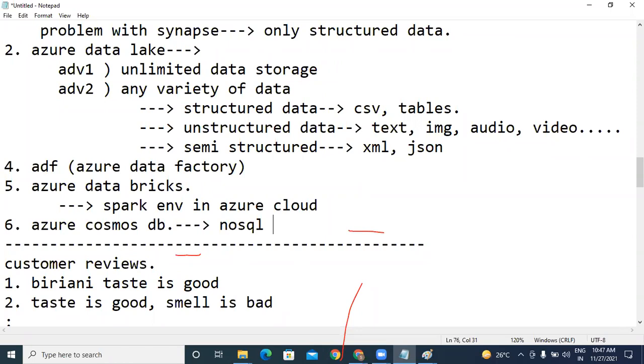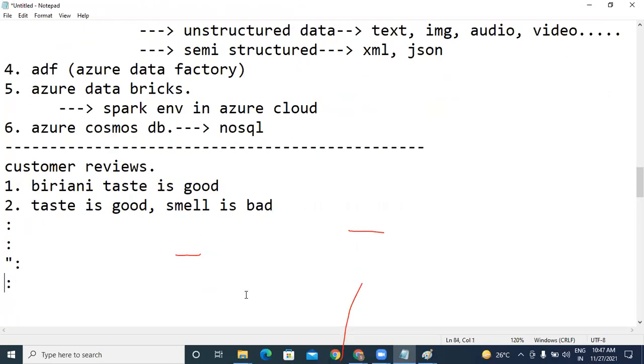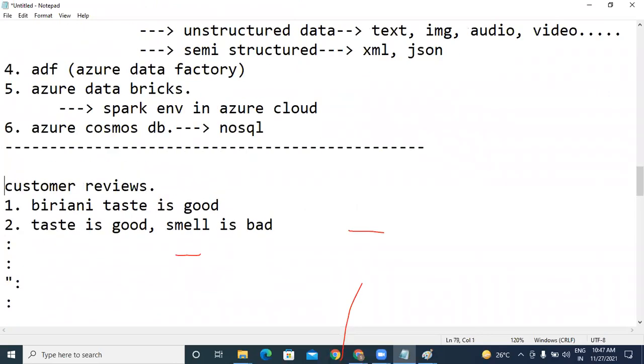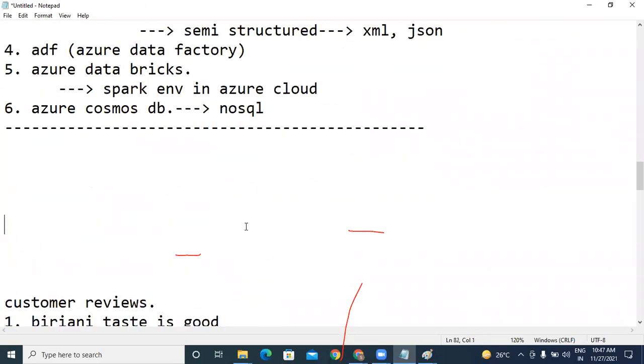For this, let's consider some different scenarios. Sir, I want to capture some of your profile data. The first person, I am asking his name. He said Ravi.